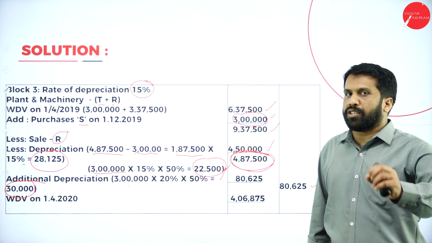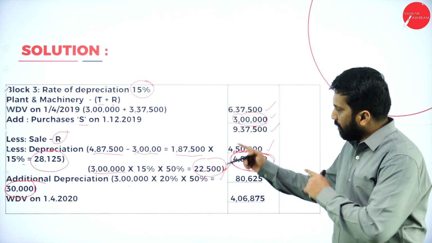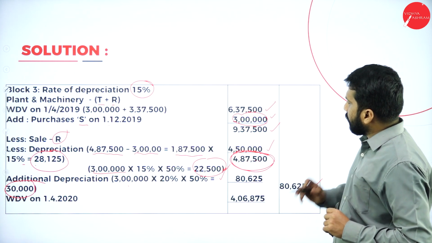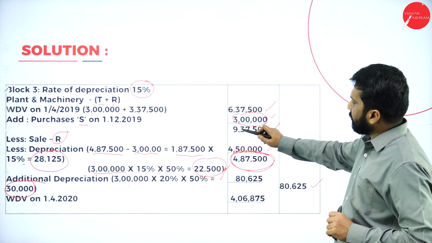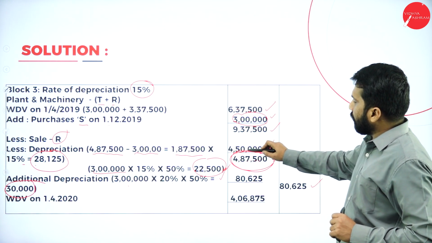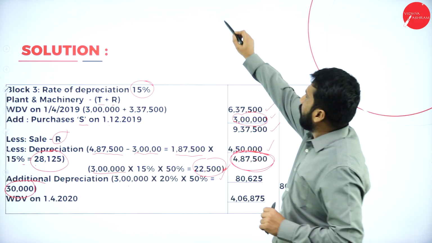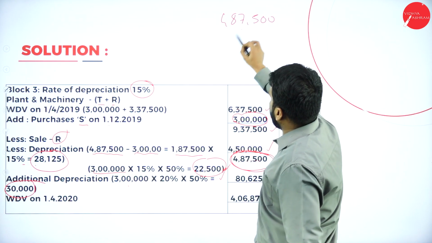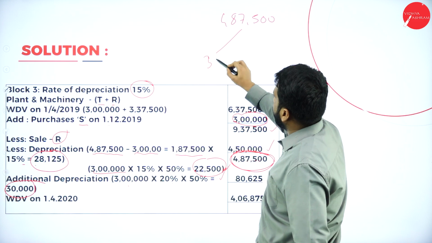In depreciation, the only complicated thing is this one. If you understand this, the rest is easy. Now, again I'll repeat. From total plus purchases, you got 9 lakh 37,500. Sale of 4 lakh 50,000, you got 4 lakh 87,500. Within 4 lakh 87,500, we already purchased 3 lakh.